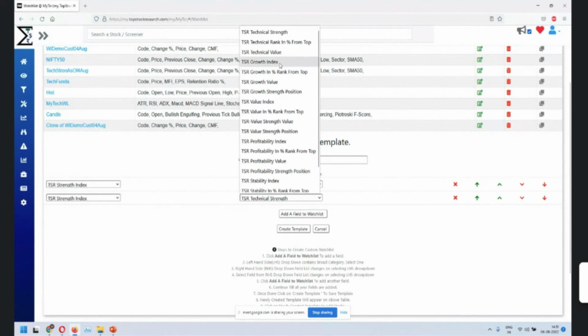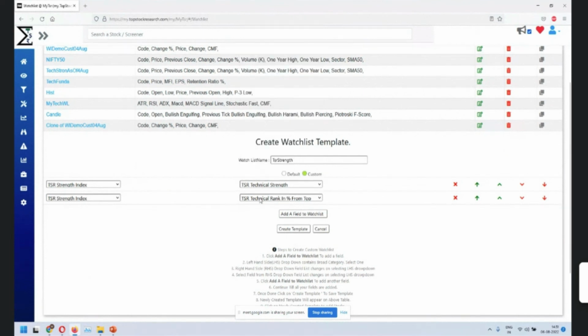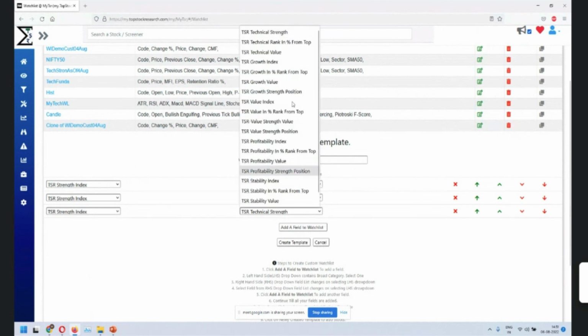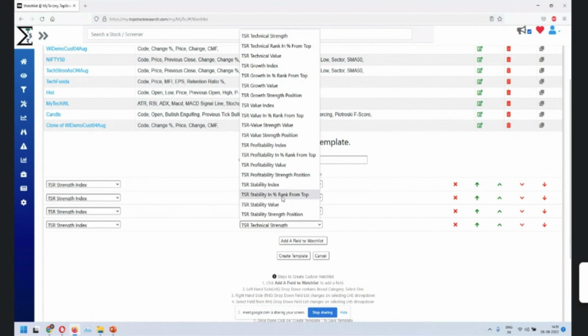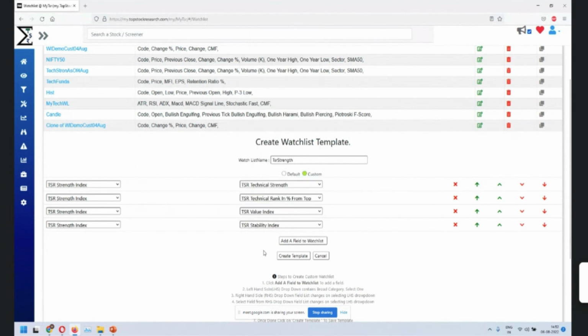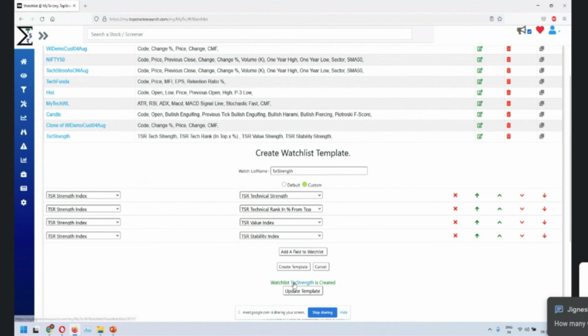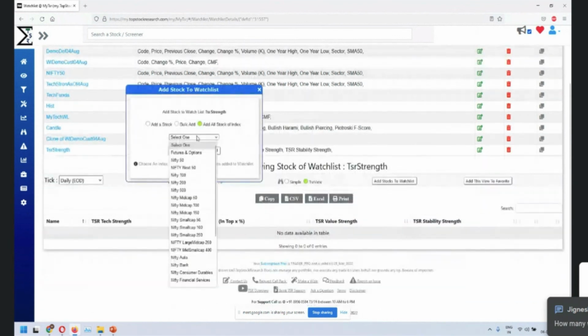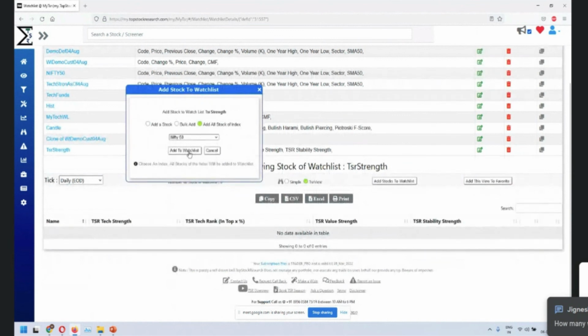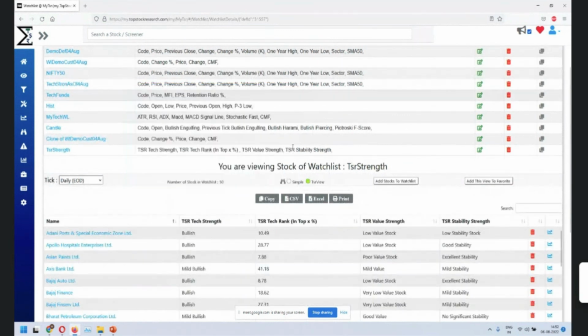Then you want rank from the top, value index, and I'll just add something as stability index, right? Just for the sake of creating. So once the template is created, what you need to do is add some stocks, going with the lazy route. Right? So in one single view of the stock of your choice, you can get technical and all those other parameters. Quite a lot of parameters are there in the strength index. This is how you'll get that.